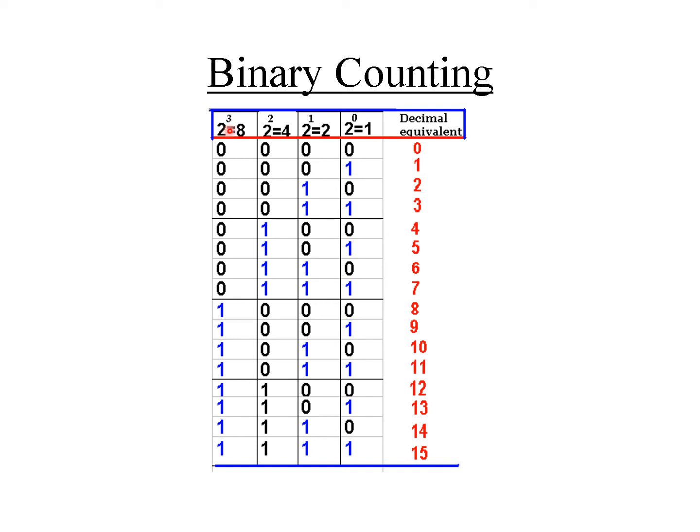Now, if you know this, you can easily find out the decimal value of any number. For example, let's see this number. Now, this is 8 from here, and then this is 2, so 10. So this is equal to 10. So you can easily calculate the decimal equivalent of a binary number by following this method.